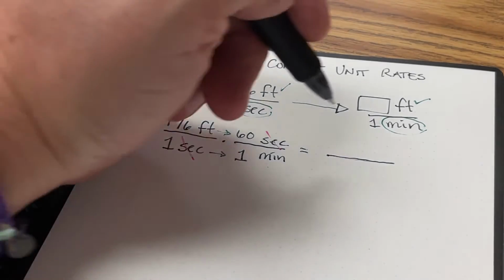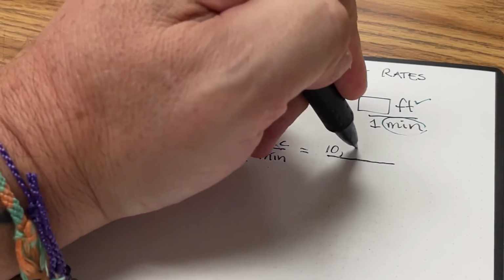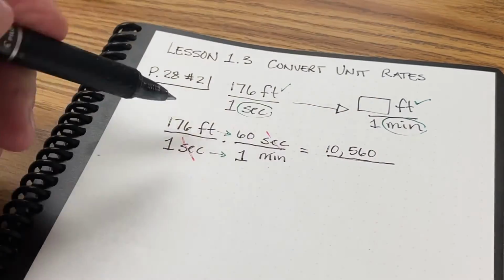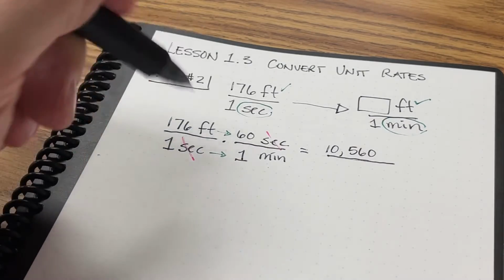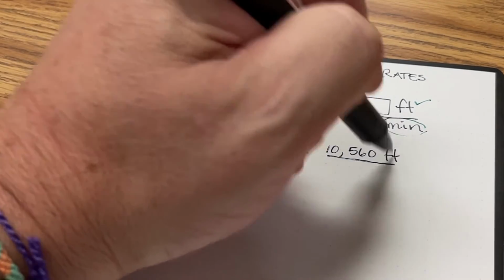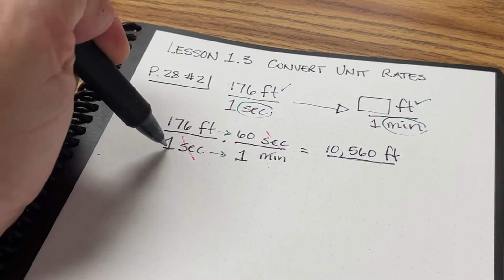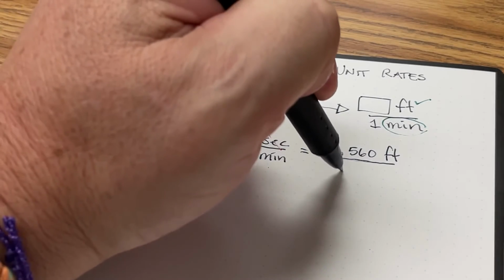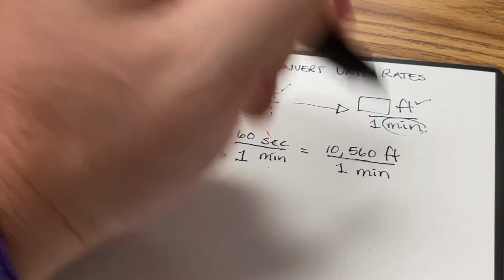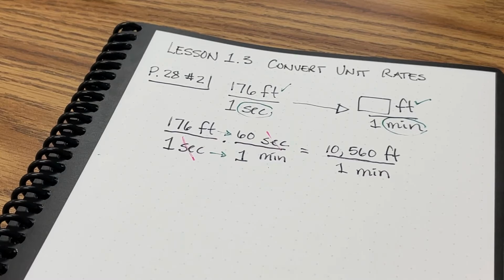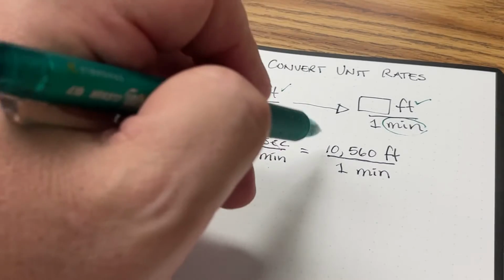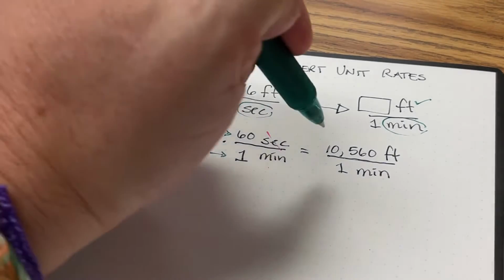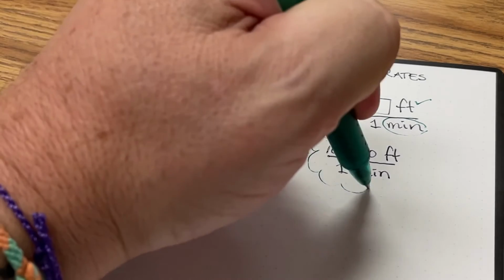So I got 10,560, and my units up here are feet. And down in the denominator, I have 1 times 1 minute. So now I have my new unit rate. So the skydiver is falling at a rate of 10,560 feet for every 1 minute.